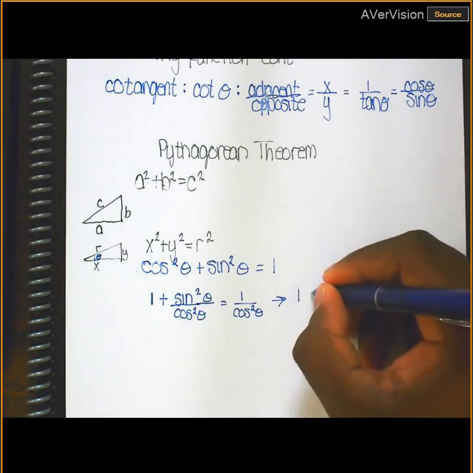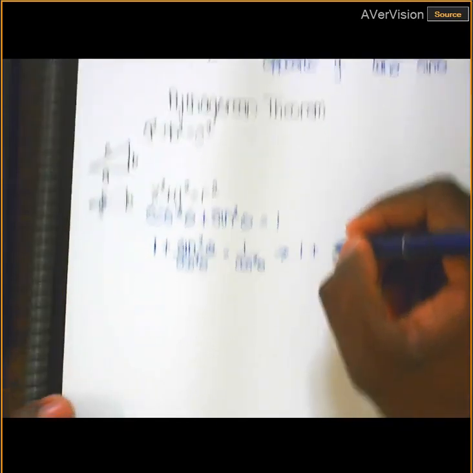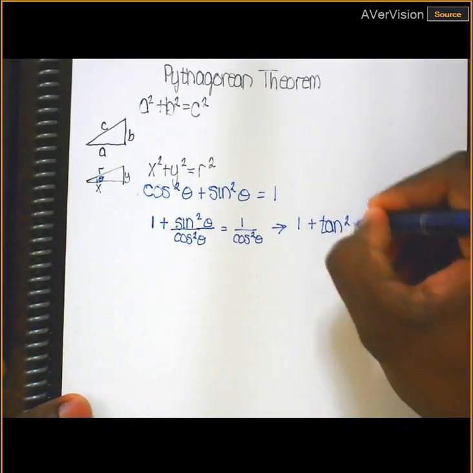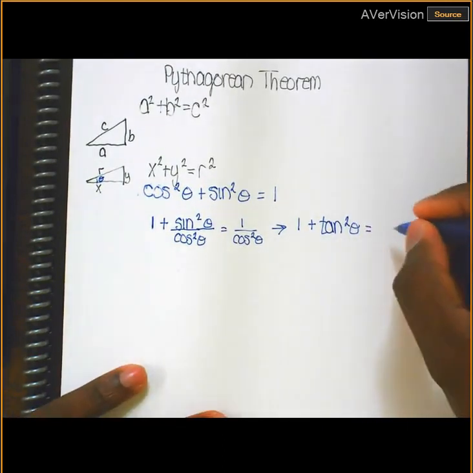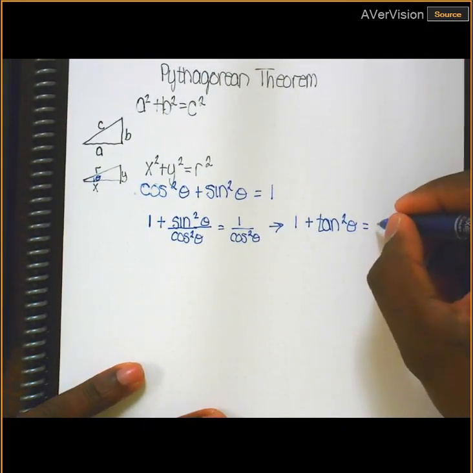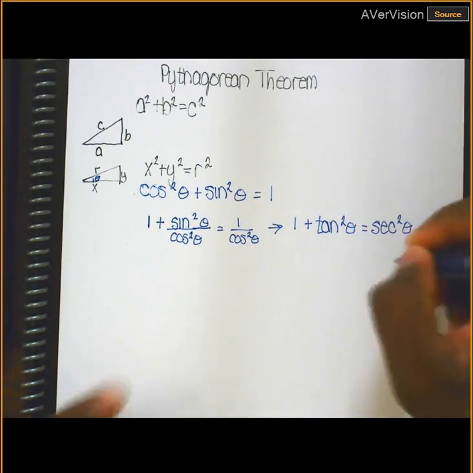What's sine divided by cosine? Tangent. And what is 1 over cosine? Almost. It's secant.